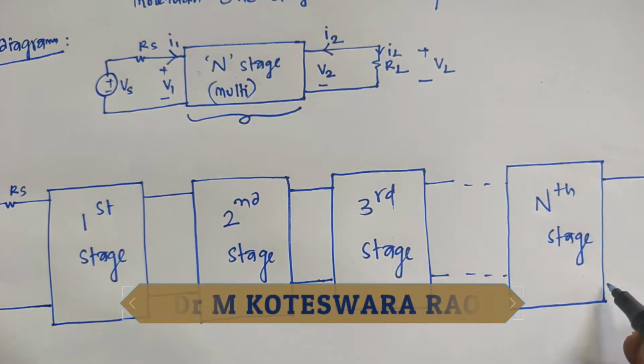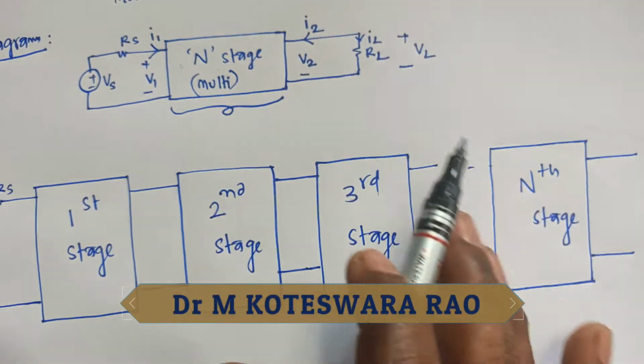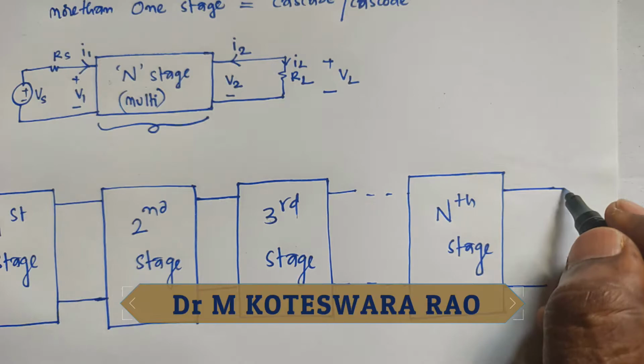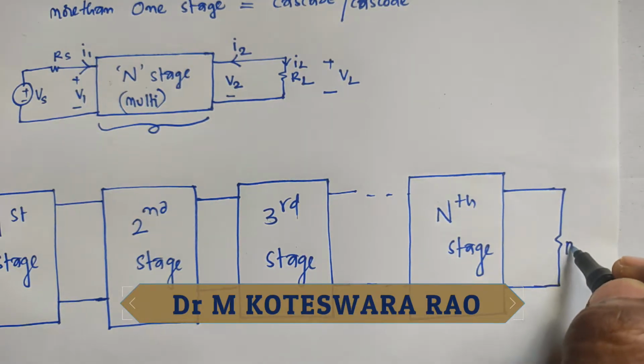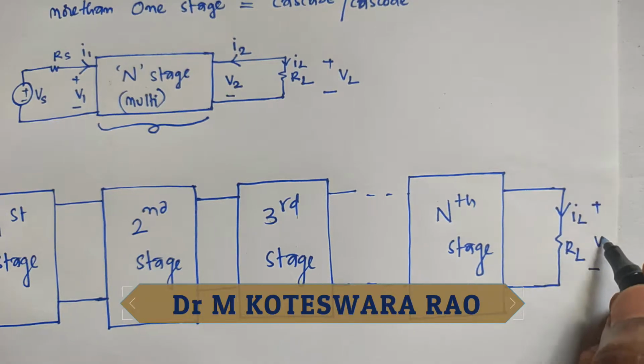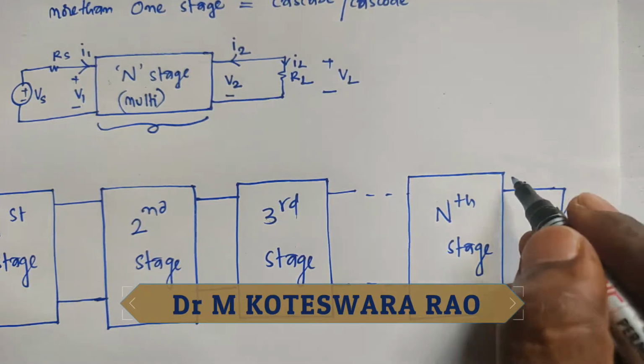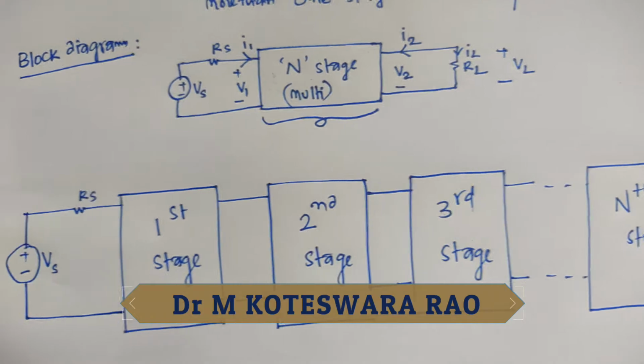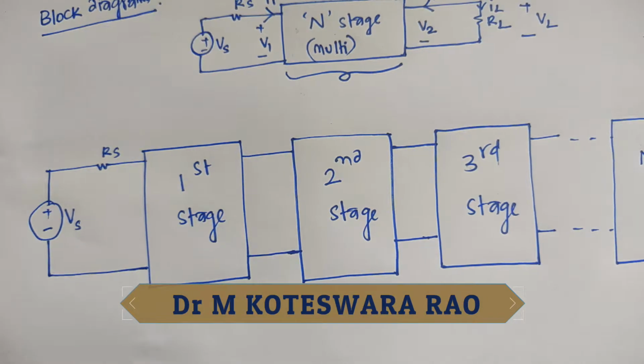At the end of the nth stage, we use the same load resistor RL. That current is IL, that voltage is VL, and the output current is the nth stage current. One by one we are going to define that.